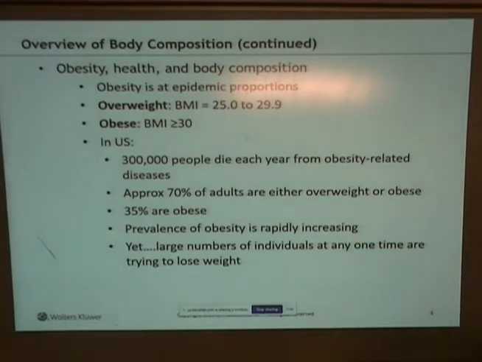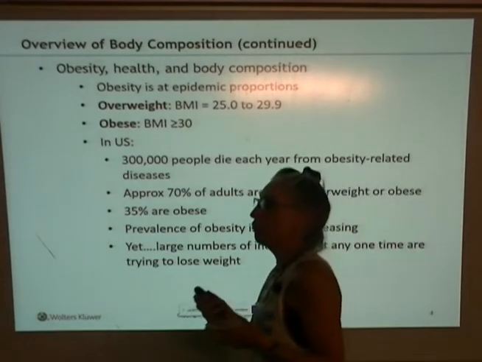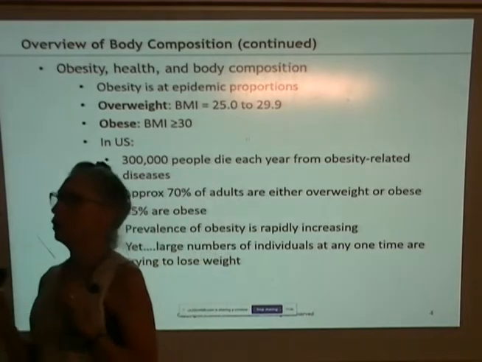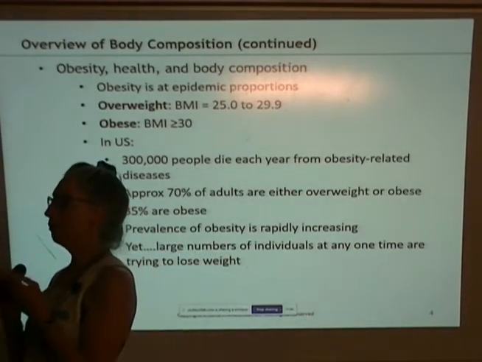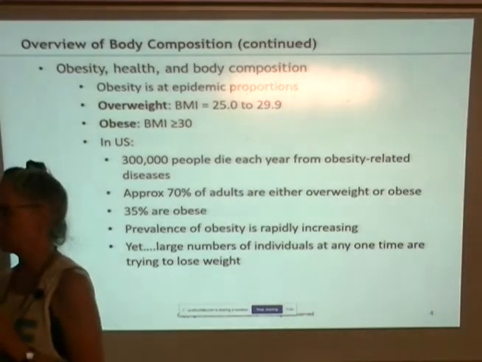What we do know is that the prevalence of obesity is rapidly increasing. You have to be a little bit careful when you look at the Department of Health statistics within the states.